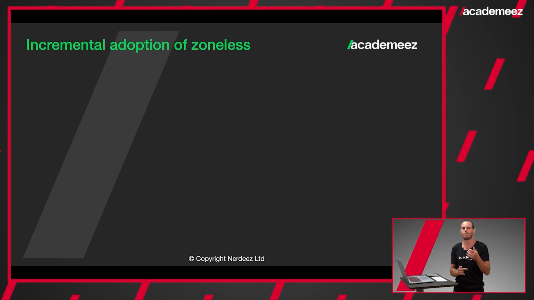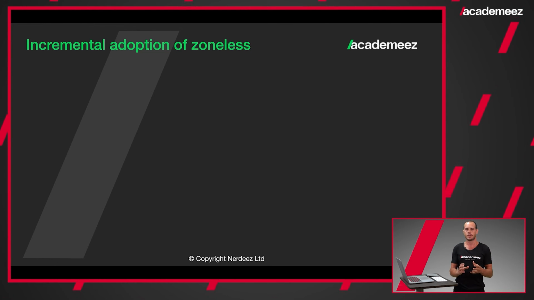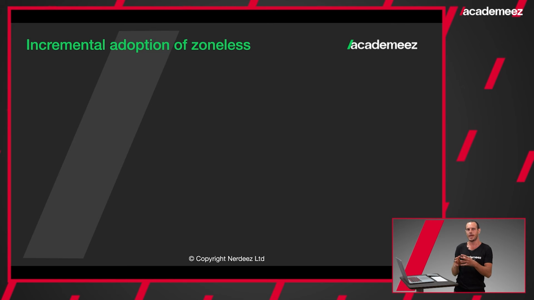It has a lot of complexities. So the better approach would probably be to look at your tree of components and start by making a subtree of your components work zoneless. You keep Zone.js, you do not remove it, but you take part of your component tree and make that part zoneless, and you gradually make that part bigger and bigger.